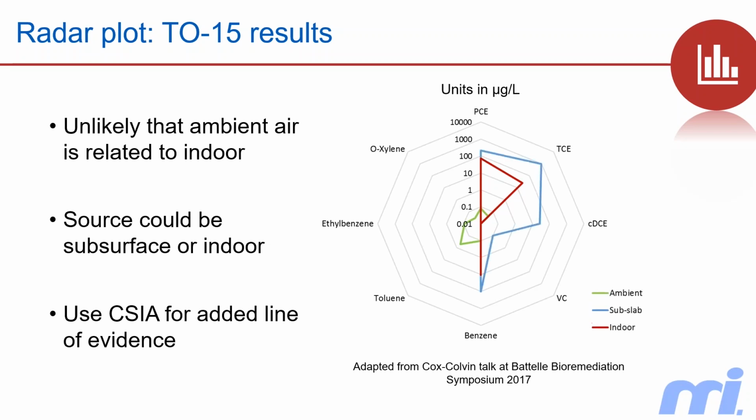So then we can compare to the subslab data. In our subslab, we notice that a lot of these have very similar contaminants, and the subslab is higher in concentration than the indoor air. So that gives us kind of a hint that this could be a vapor intrusion issue. We would expect the subslab concentrations to be higher, but have matching mole fractions as well as matching contaminants of interest.